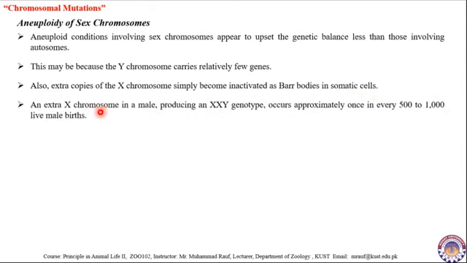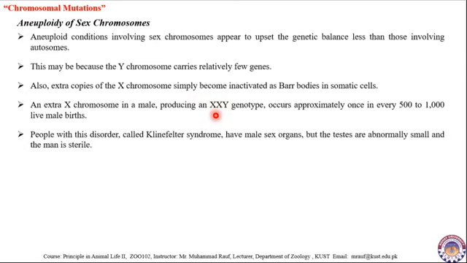An extra X chromosome in a male producing an XXY genotype occurs approximately once in every 500 to 1000 live male births. It means that the frequency of an individual born with that particular chromosome condition is 1 out of 500 or 1000 male births.